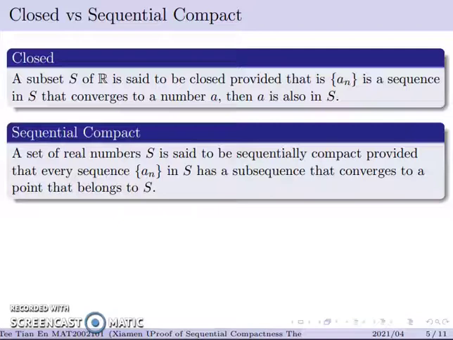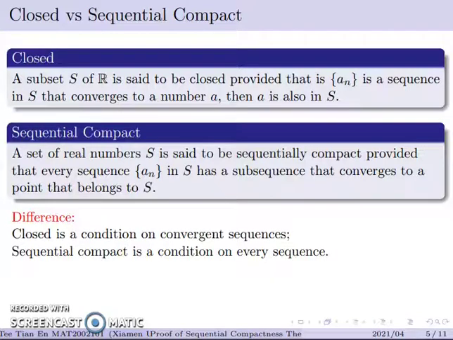So we can see that closed is a condition on convergent sequences, but sequential compact is a condition on every sequence. You can see the definition of closed is that a sequence itself converges to a number, and we want the number to be inside the set itself.